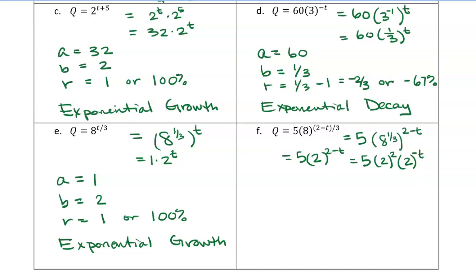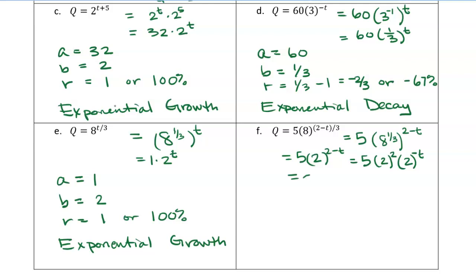You see how I did that? I just have a sum, it's plus a negative, but it's a sum. So I break it into the product of 2 squared times 2 to the negative t, because I have a common base. And now I know 2 squared is 4.